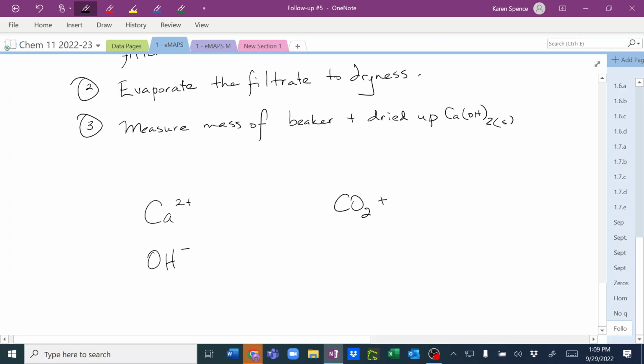When CO2 gets together with water, it can actually form, if we take all of those elements and cram them into one formula, what do we get? How many H's? 2. How many carbons? How many oxygens? 3. What kind of a compound is that?